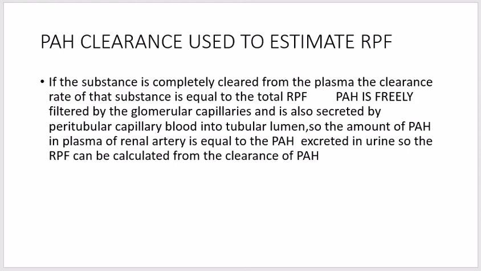PAH clearance can be calculated from the rate of the urinary PAH excretion. Thus the clearance of PAH calculates the renal plasma flow.